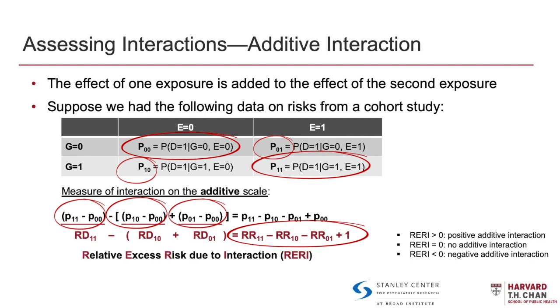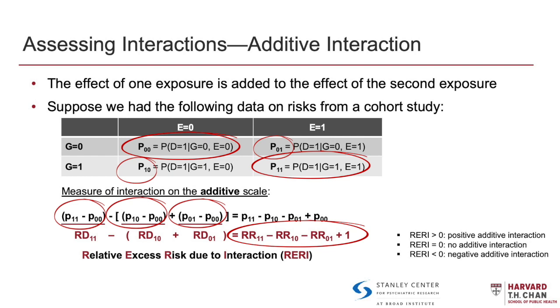So we call this the relative excess risk due to interaction. When both exposures are present, is there a more pronounced effect compared to the individual risk factors present? This is how we assess additive interaction.